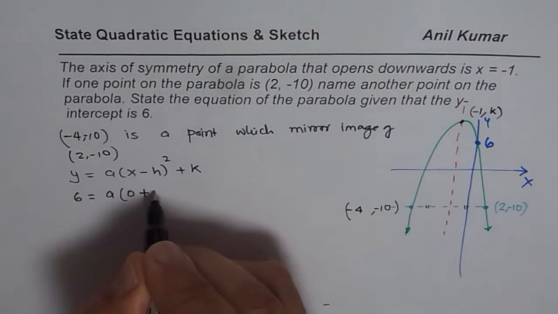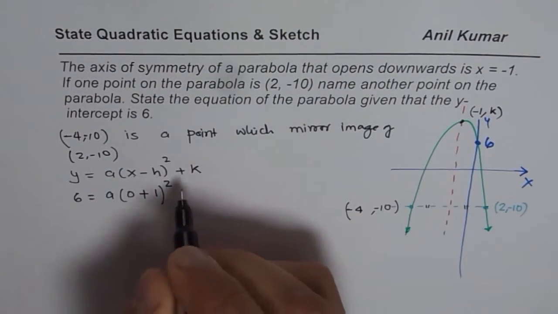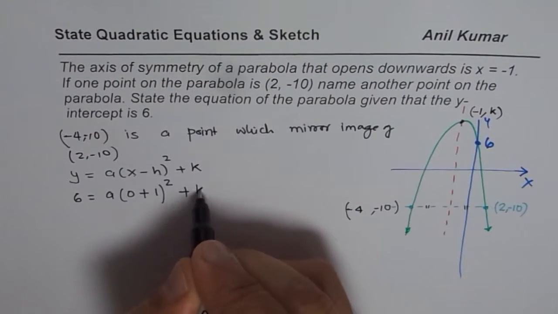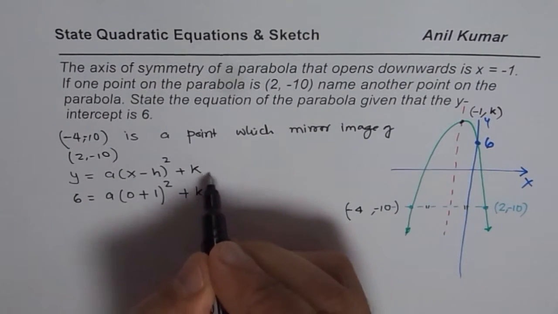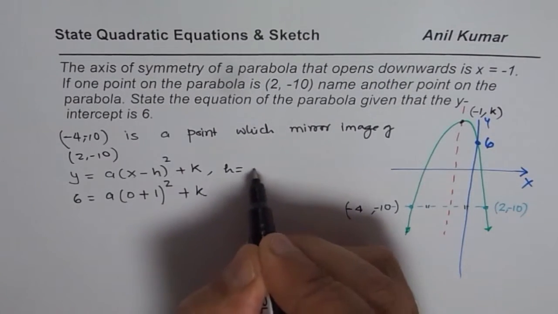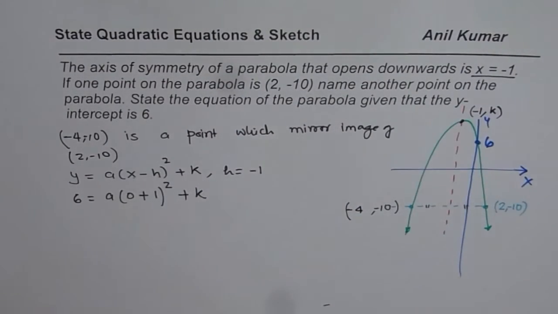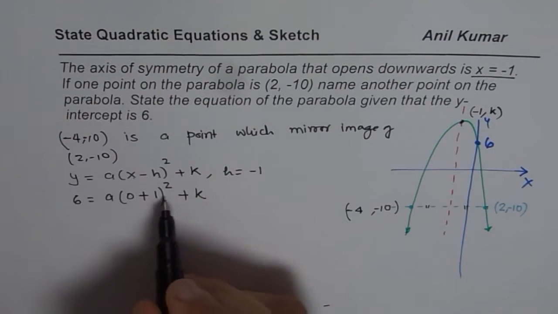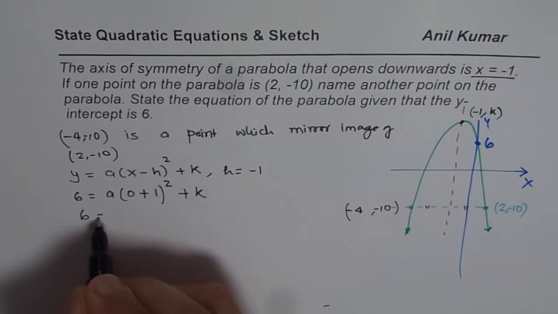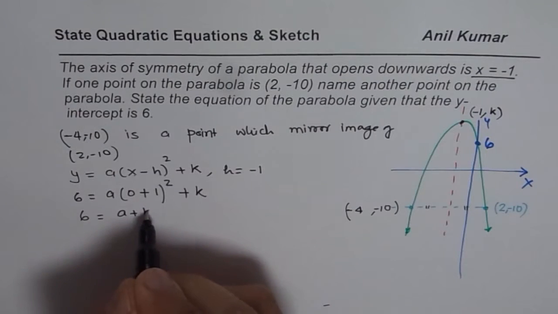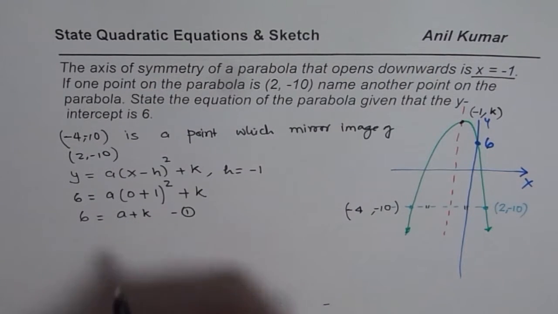So that makes it plus 1, squared. So we get 6 equals a plus k. We'll call this equation number 1.